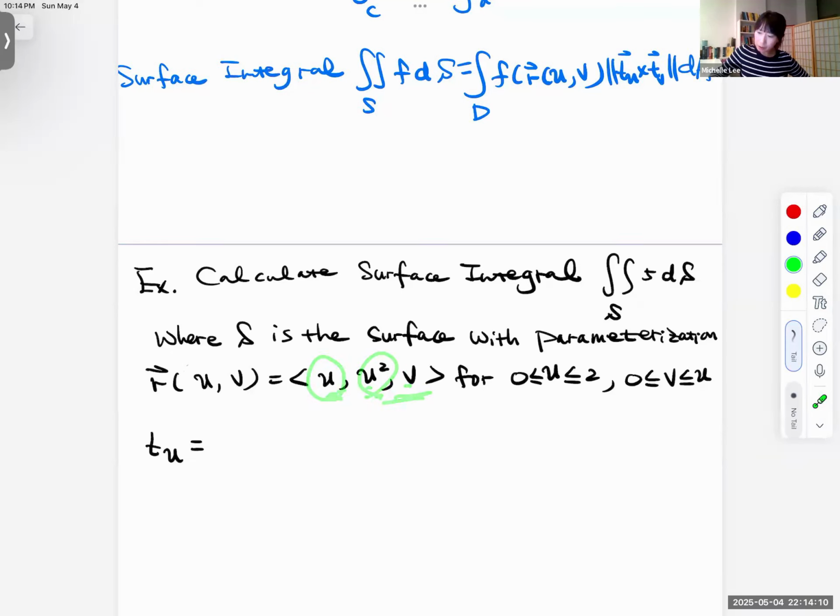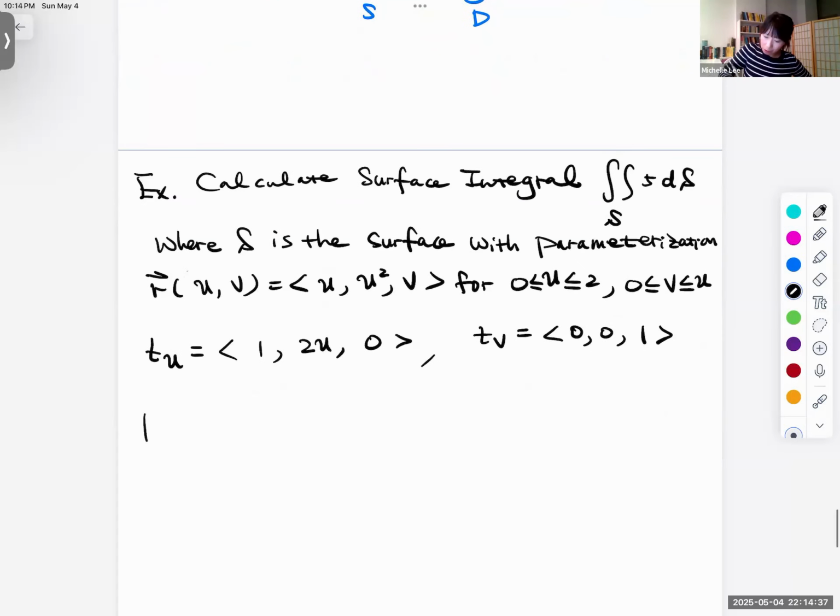So what do you get? 1, 2u, 0. How about the partial derivative with respect to v? We're looking at every component's partial derivative with respect to v. So 0, 0, 1 then. Good.